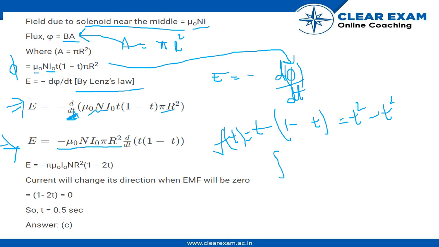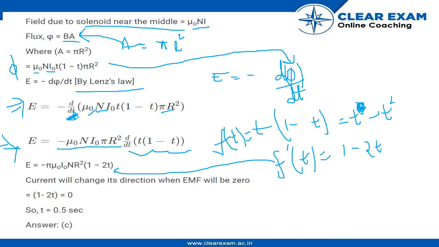If we calculate f dash t, that is the derivative of f(t) with respect to t, it comes out to be 1 minus 2t. This is our f(t) and this is our f dash t substituted here.